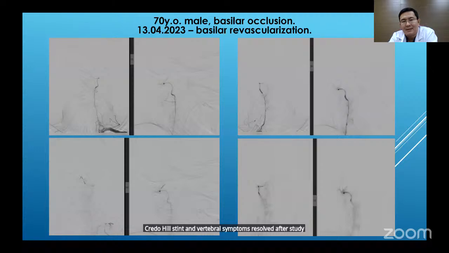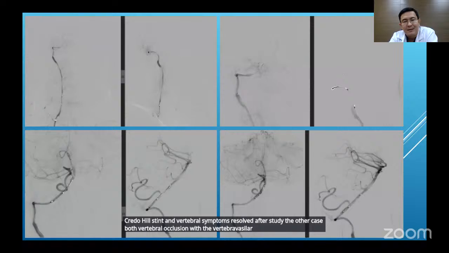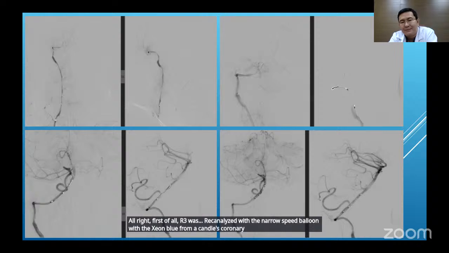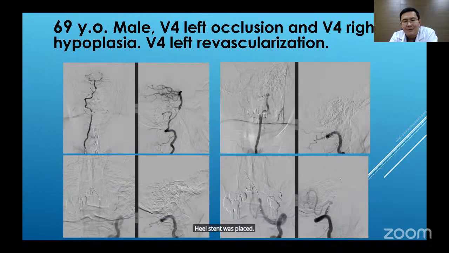The other case, both vertebral occlusion with vertebrobasilar symptoms. The right vertebral artery was recanalized with the Narrow Speed balloon with the Xeon Blue coronary wire from Acandis, and the Credo Heel stent was placed. And this is the final result.